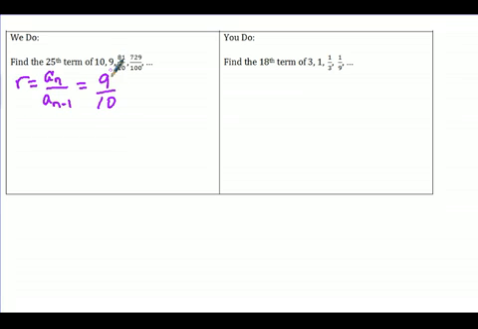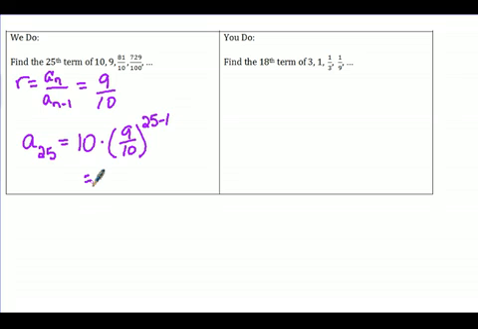And if you notice, if I multiply 9 times 9 over 10, well, 9 times 9 would be 81, and then we would have 10 in the denominator. So you can see that that is the common ratio. So then if I want to find the 25th term, a sub 25 is going to be equal to the first term, which is 10, times the common ratio, 9/10, raised to the 25 minus 1 power.